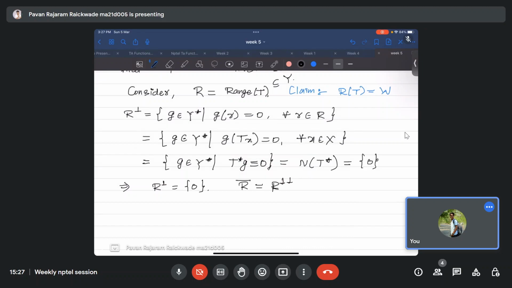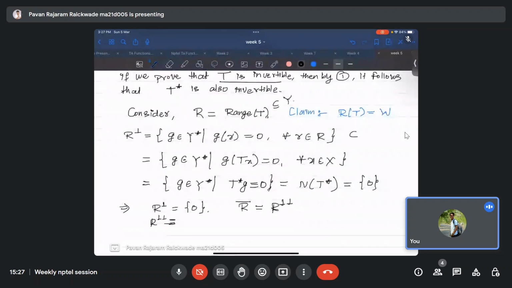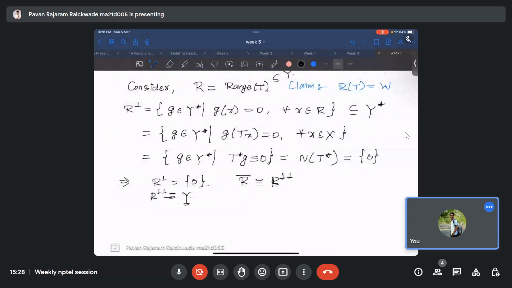Here, because R perp is singleton 0, what is R perp perp? R perp is a subset of Y star, so its perp will be the whole space Y. That means R closure is the whole space Y. R means the range space of T here, so it is the whole space Y.